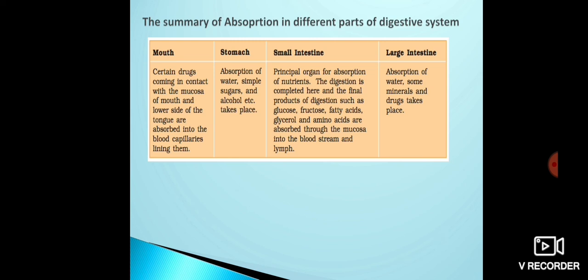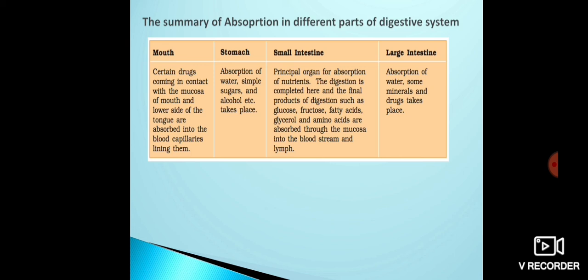Okay, but when it comes to the last part of the digestive system, that is the small intestine. Among mouth, stomach, small intestine, and large intestine, the four different parts of the alimentary canal I've told, the last one is the small intestine, which absorbs the maximum of the nutrients, because the final products of digestion are formed inside the small intestine only.